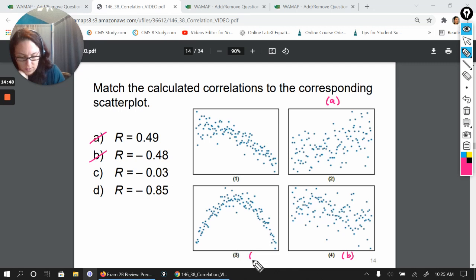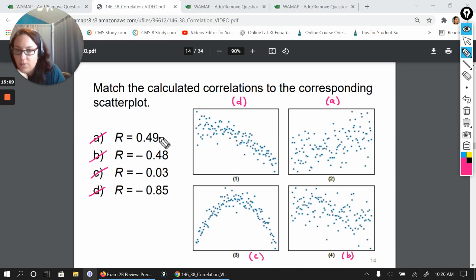So this number 3 would be a good candidate for C. And then what's left is R equals negative 0.85. So this should be more of a negative sloping line that's more condensed. So this number 1 graph would be a good candidate for D.